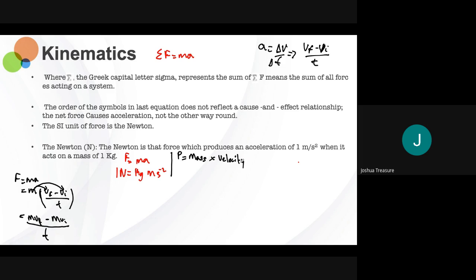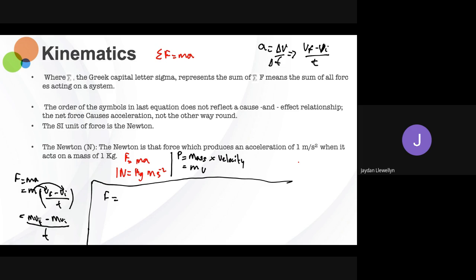We'll dive into momentum next week, and go deeper into momentum. This is just for introduction purposes. This is our momentum, mass times velocity, m times v. Now this is familiar: mass times final velocity minus mass times initial velocity. So therefore, the force is equal to, want to guess what we get here? The change in momentum, mass times final velocity minus mass times initial velocity, over time.